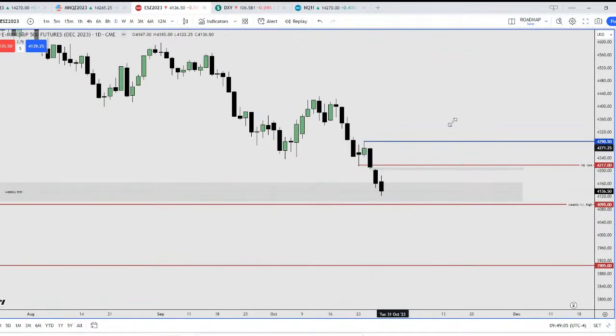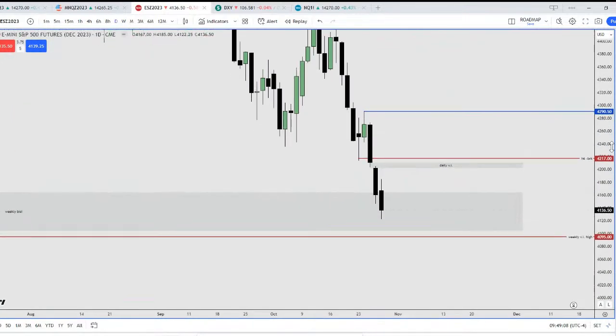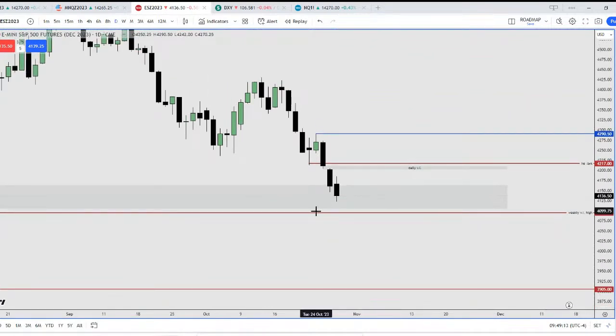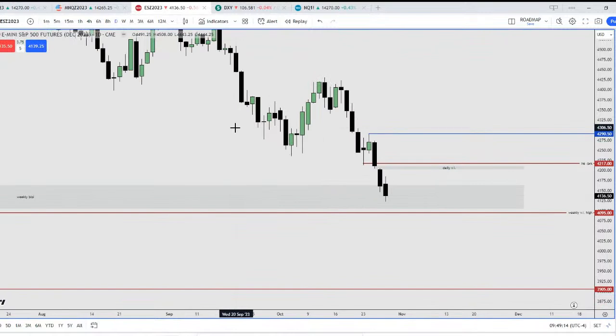So heading over to the daily time frame, same thing for ES. Because we have a consolidation right here, which means this area here, this high to this low, is a balanced price range, and price has left the range, so I'm expecting continuation lower.